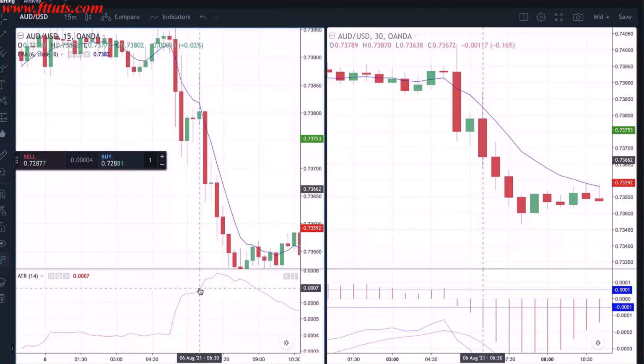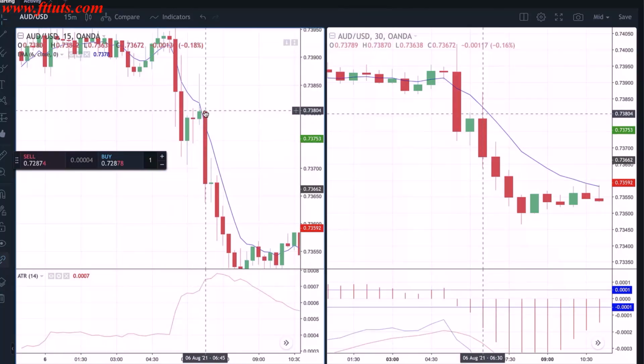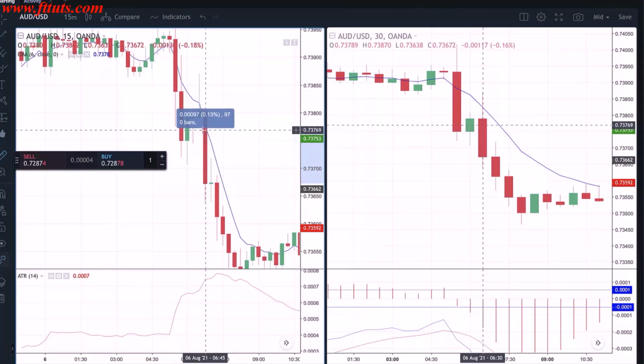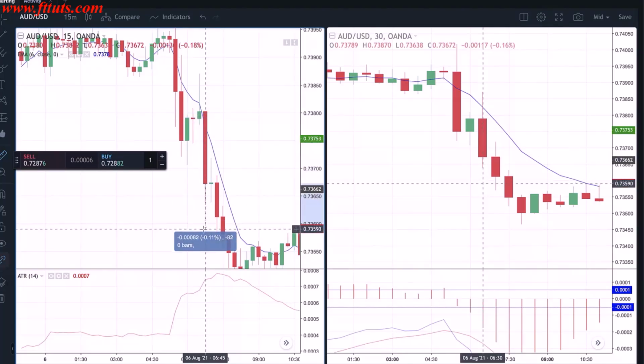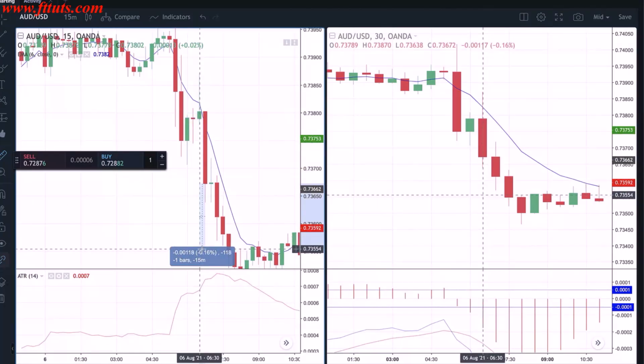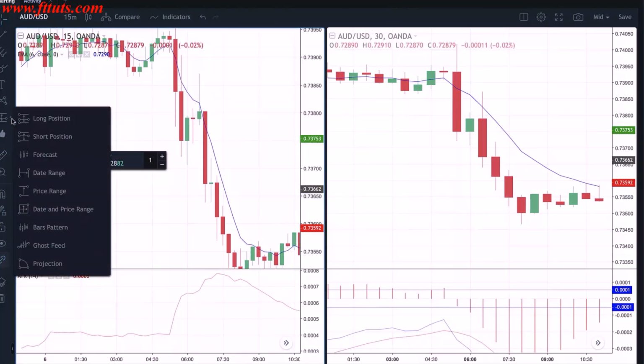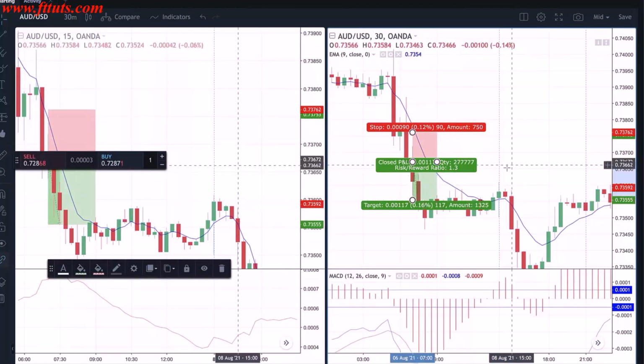ATR was 7. You add 2 pips, making it a 9 stop loss, which, let's say we entered here. Yeah. So your stop loss would have been up here. 9 times 1.3 is 11.7, so our take profit would have been down here, and we would have had a win. Perfect.